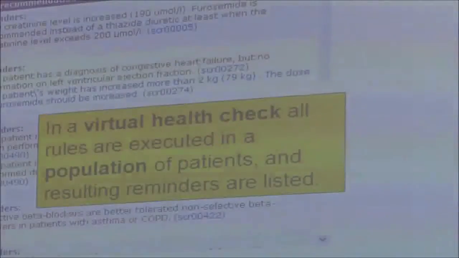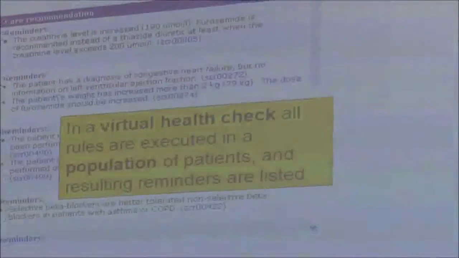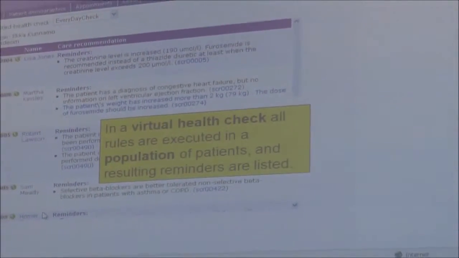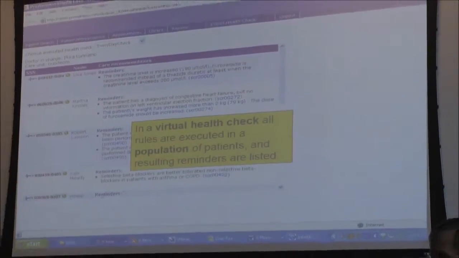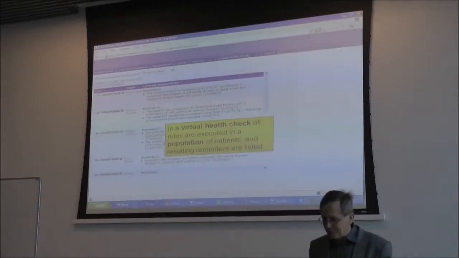For instance, the panel for the GP, the family physician, or the panel of patients visiting, for instance, the diabetic outpatient department in the hospital. That would be done as a batch run over the night, and in the morning you will find a list of your patients and the reminders behind their names. So for each patient you have the reminders on how you could improve their care.